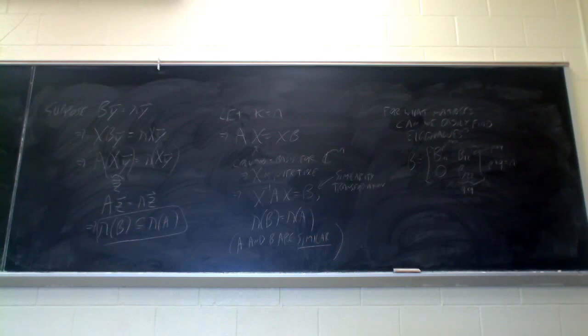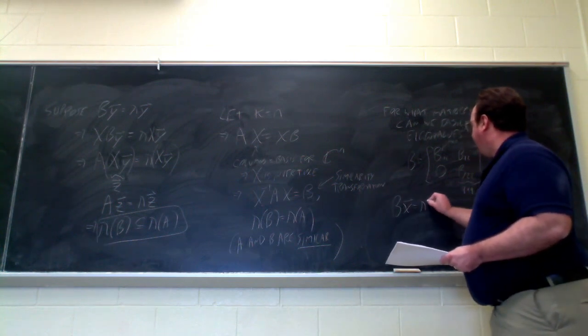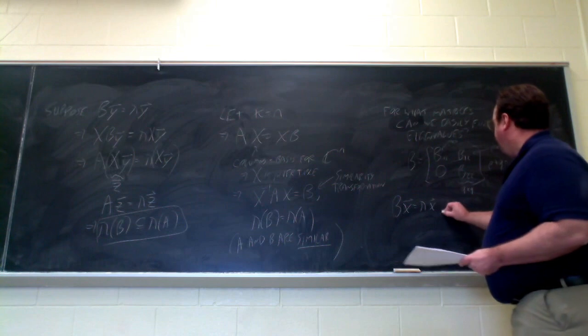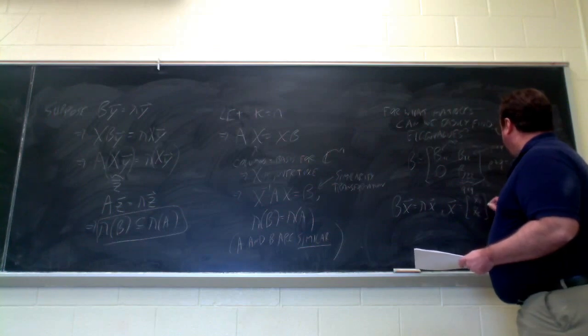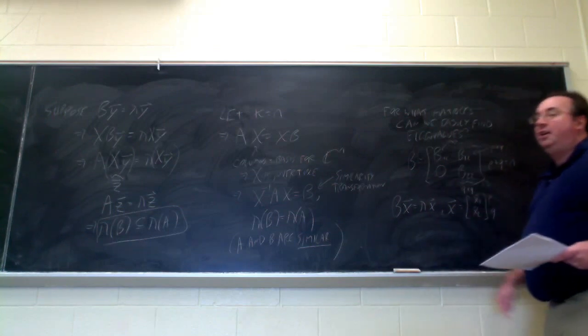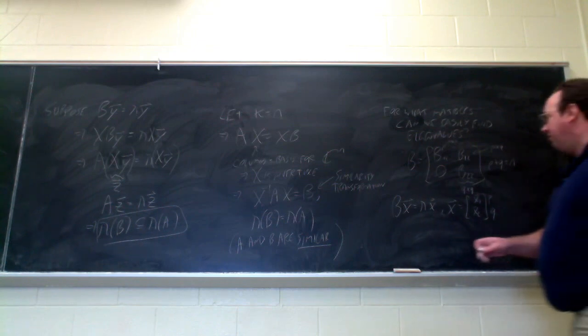Okay. And let's suppose that Bx = λx. So x is an eigenvector of B. And let's break x down into two parts, x1 and x2. So x1 is the first p elements, and x2 are the last q elements. So now what I can do is look at this multiplication, Bx equals λx, using the block structure.